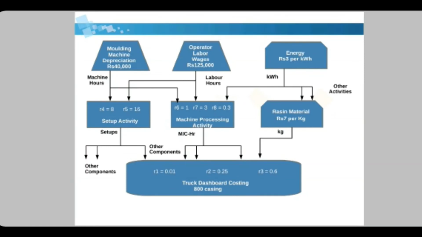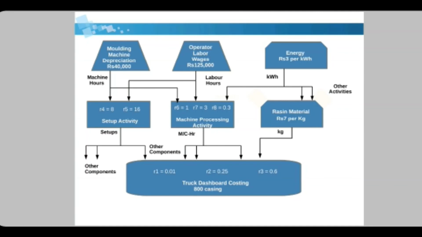Your fixed cost is molding machine depreciation of rupees 40,000. Second is operator labor wages, 1,25,000 is the cost. Energy is a resource at rupees 3 per kilowatt, so that is a variable cost. And the last symbol shows the truck dashboard costing for 800 casings that we have to perform.